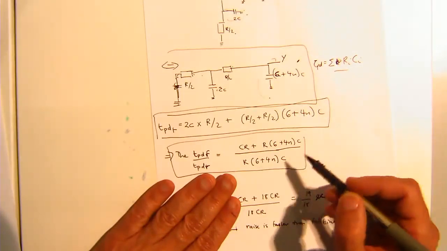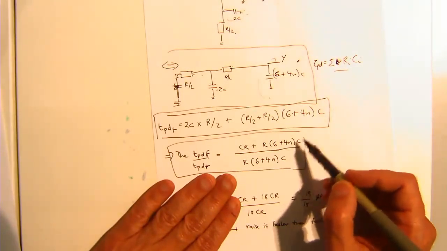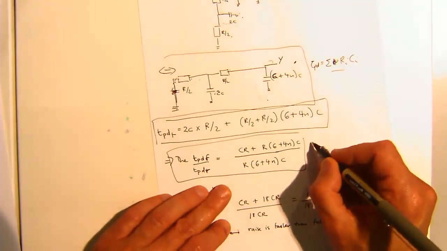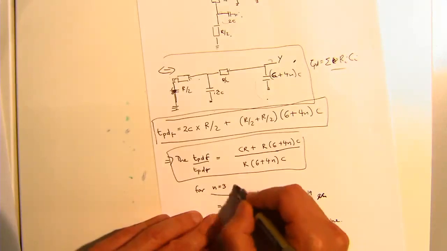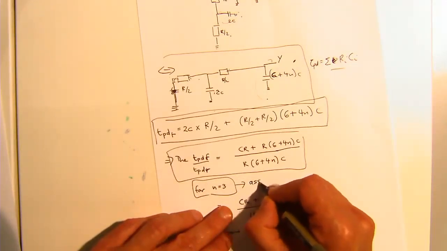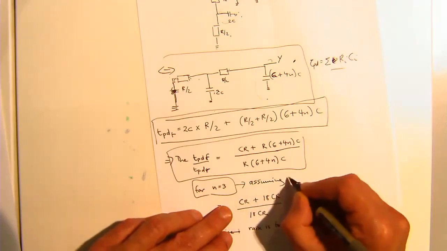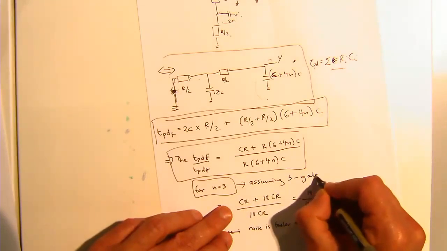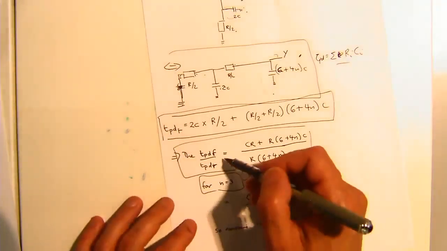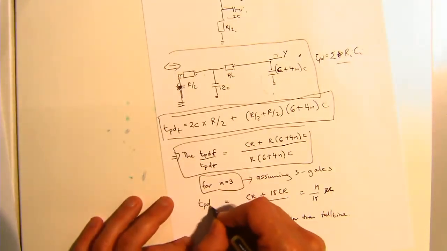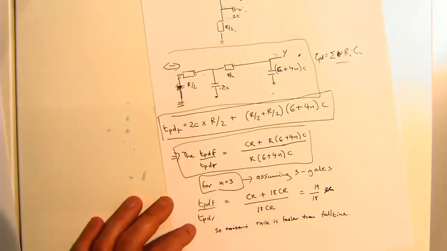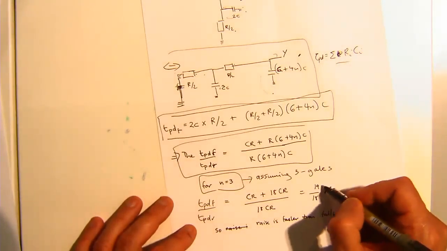And if you were driving 3 gates or 2 gates, what we could do is, if n equals, in this particular case, I'm assuming I've got 3 gates, all right, and I'm driving another 3 gates. What we can do is work out the ratio of the falling to rising, and we can see it's 19 on 18.